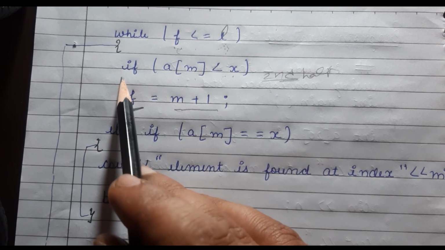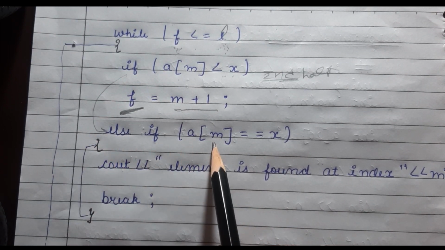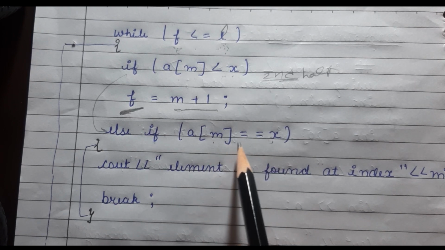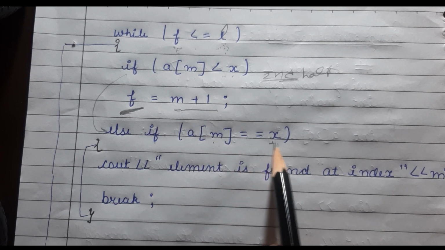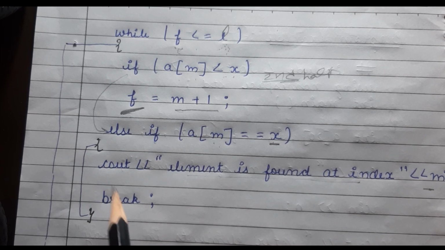Okay, if this condition value is false, control goes to the else part. If the middle element is equal to the searching element, then we display element is found at index m and break is encountered, because in that case there is no need to move to the next iteration.